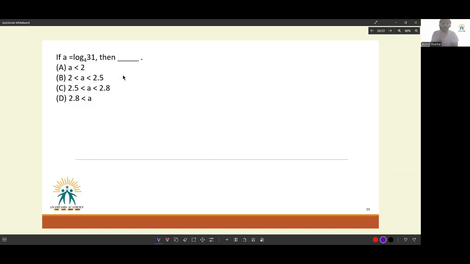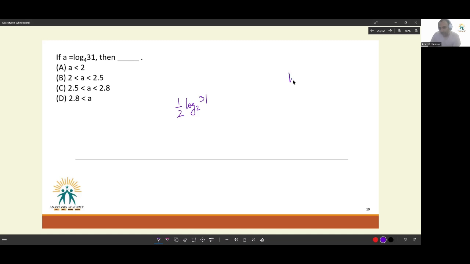Now this, if a is equal to log 31, then whatever, this one is more observation based than any logic. Observation based. Can I say this is 4 1 by 2 log 31, half of log 31.